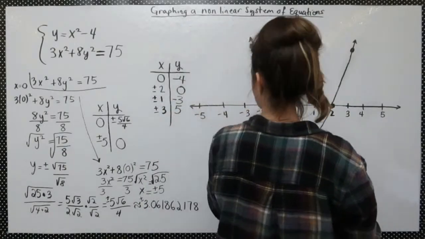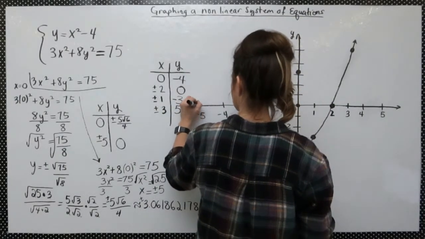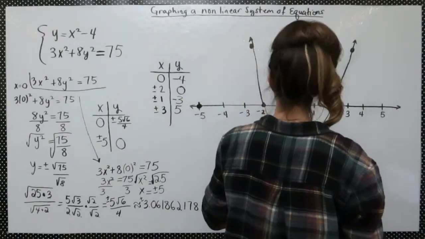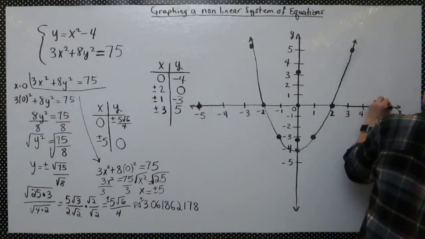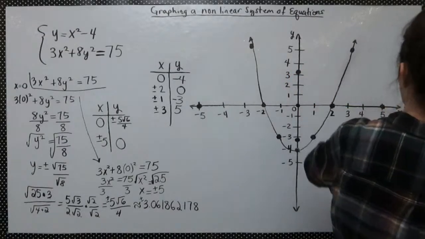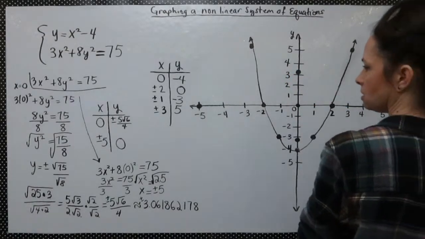All right, so I want to go ahead and put these points in here. And I don't know if I want to just eyeball it, or let me just think for a second.